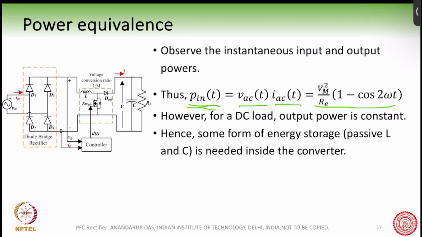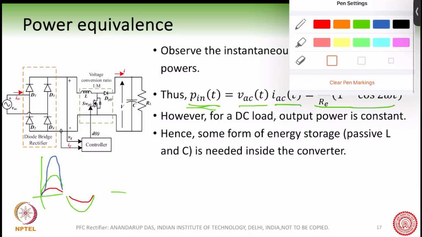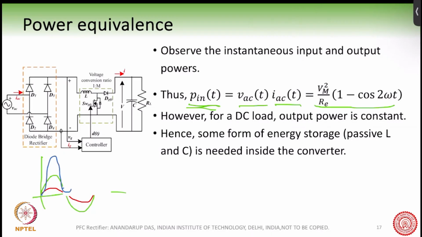This is known to us from basic circuit theory that for an AC input voltage, suppose this is the input voltage and this is the current, VAC into IAC, then the power is something like this.